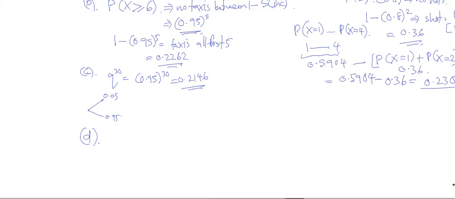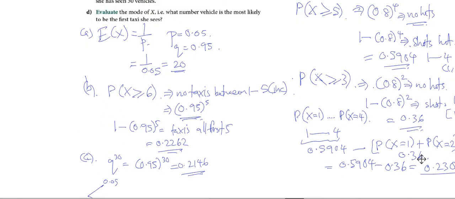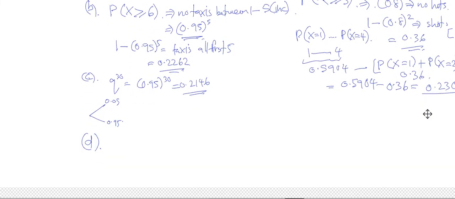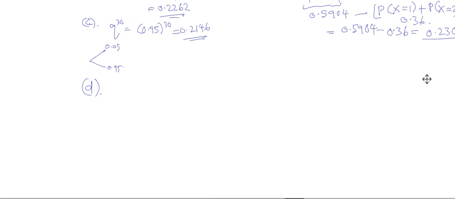Okay, and the last question, D. What do they want? D is evaluate the mode of X, i.e. what number vehicle is the most likely to be the first taxi that she sees. Geometric probability is basically a trial, and you are only finding the probability when you first see the taxi.